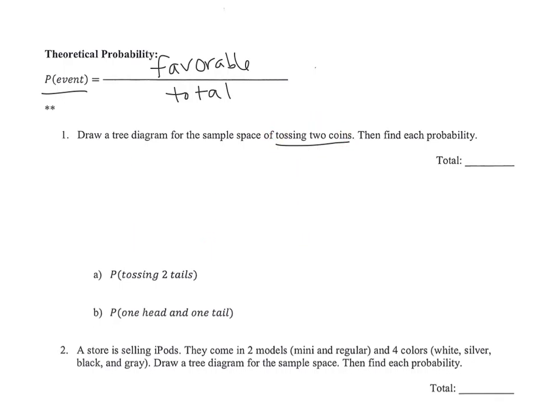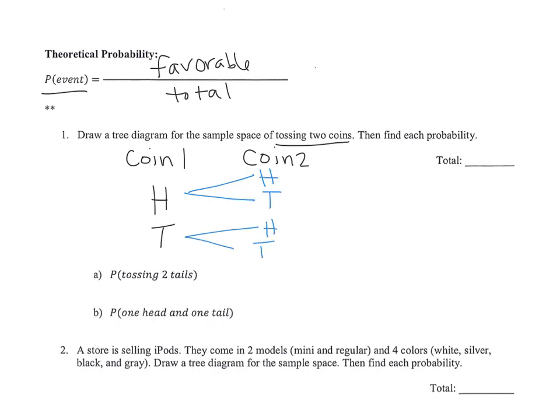So for tossing 2 coins, we're going to have coin 1 and coin 2. If you toss coin 1, you can either have heads or tails. Coming off of coin 2, you could either have heads or tails, or heads or tails. From this event, you have to branch off of the original one. So the total is going to be 4 because 1, 2, 3, 4.